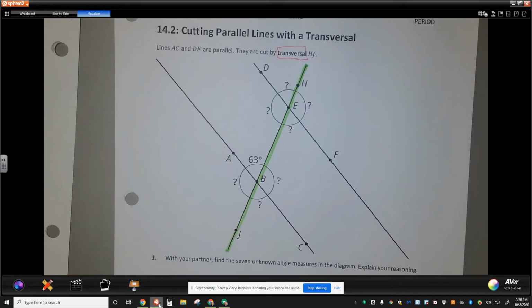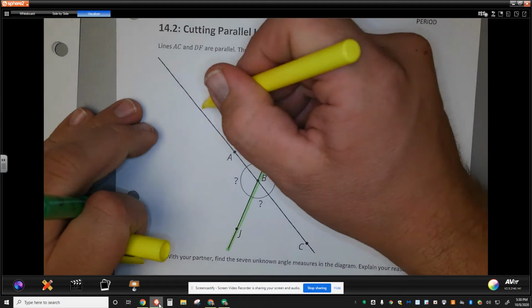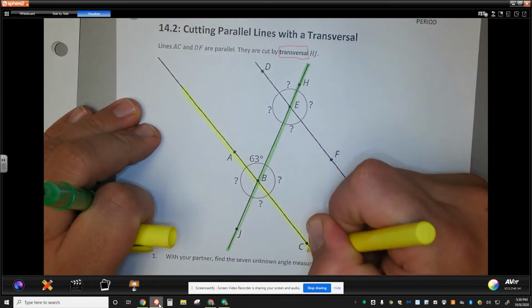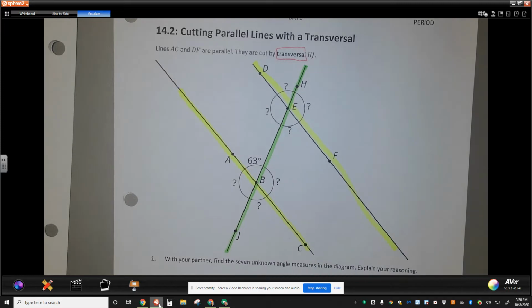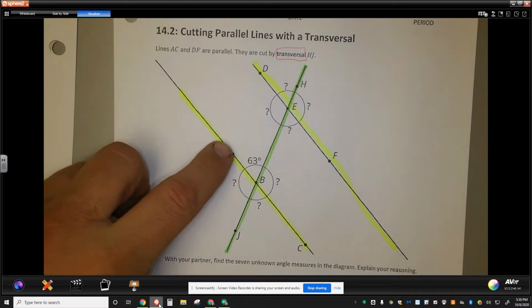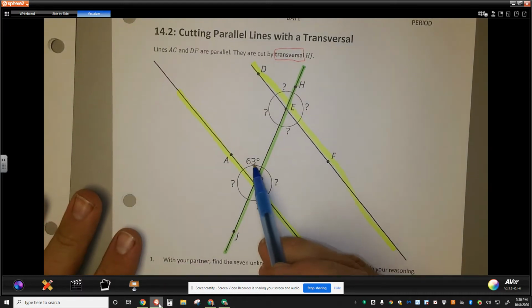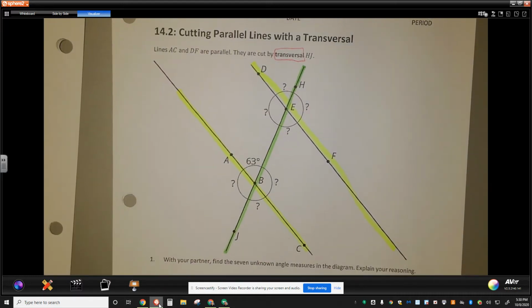By causing that intersection of lines AC and DF, we have 8 angles that are created. One of the angles that's given to us here is angle ABE, which is 63 degrees. We can actually use that on parallel lines to help us find the other angles.